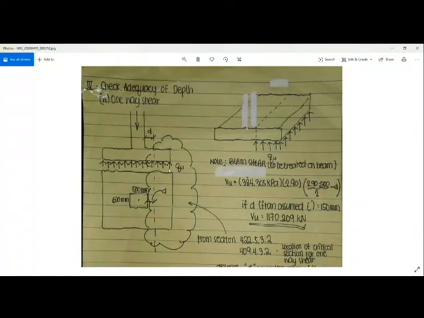So let's look at the code. What does the NSCP say about shear failure? Let me transfer our window to my NSCP file.